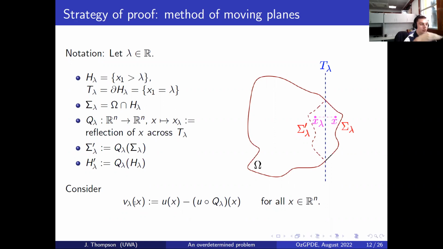And then if we can do this for every single direction, it means u is an even function in every single direction with respect to some plane. And this means that u has to be radially symmetric.